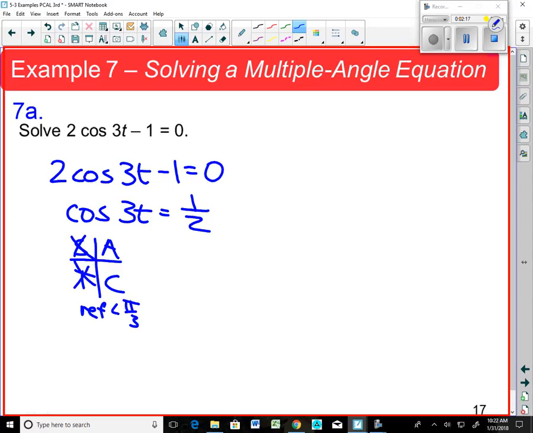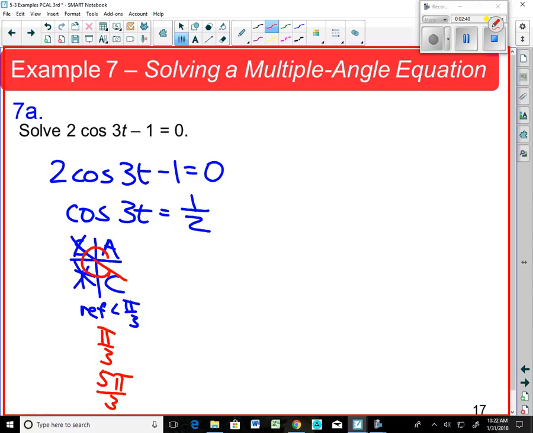The angles we get are pi over 3 for one, and the other one is down over here, which is 2 pi minus pi over 3, so 6 pi over 3 minus 1 pi over 3, which is 5 pi over 3.